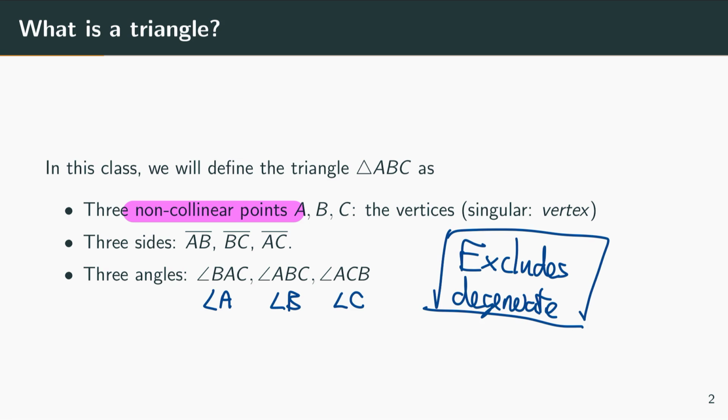The definition of a triangle is not entirely forced on us, but we're going to define this edge case so that degenerate triangles are not triangles. What I mean by degenerate triangle is a triangle that consists of three points that are on a line. So a squashed triangle, if you will.